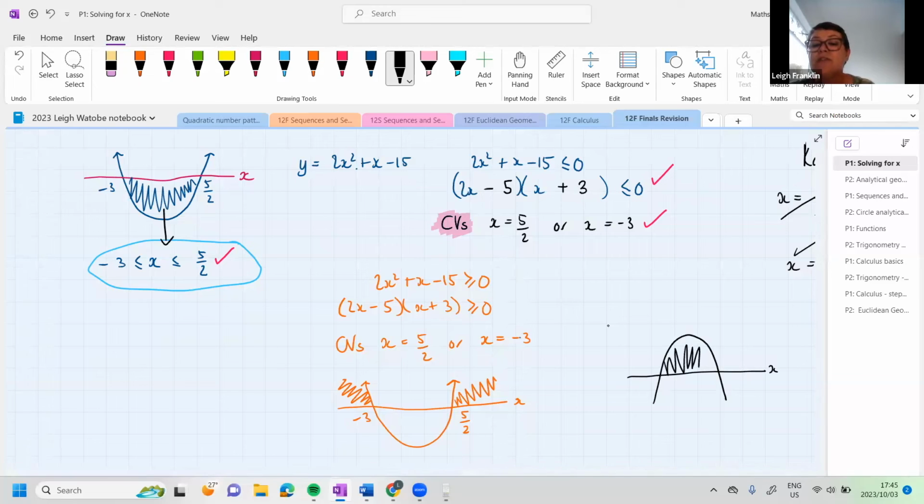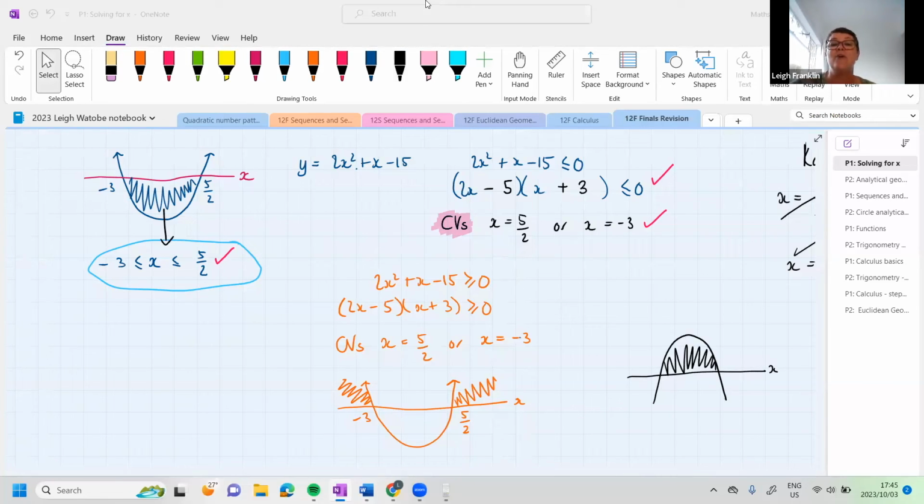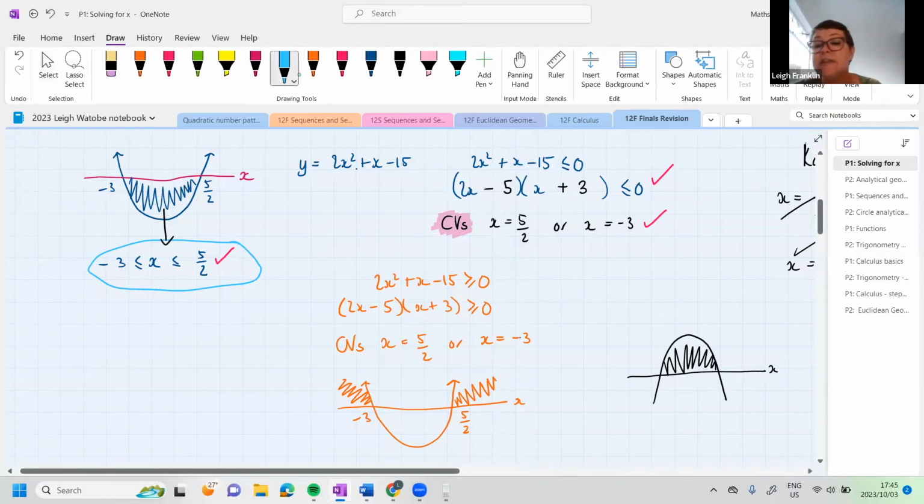So you can have that situation as well. If you had a sad face parabola and they asked you for which values of x is y positive, then you would do it that way. You get it now. Then if it was a sad face parabola and they were asking you for which values it is negative, then you'd be shading over here where the blue is.